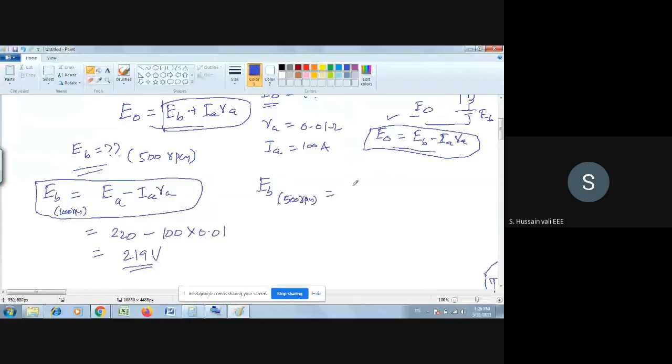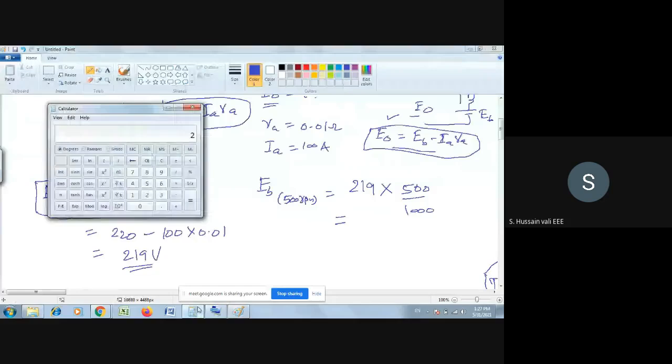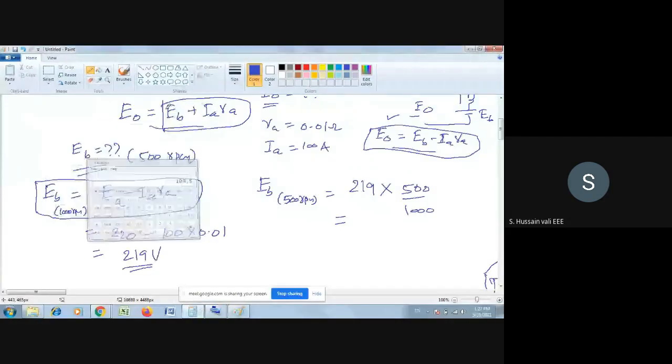How do you find that? 219 into 500 by 1000, that is equal to 1 by 2. So 219 divided by 2, 109.5 volts. So we got the EB value.